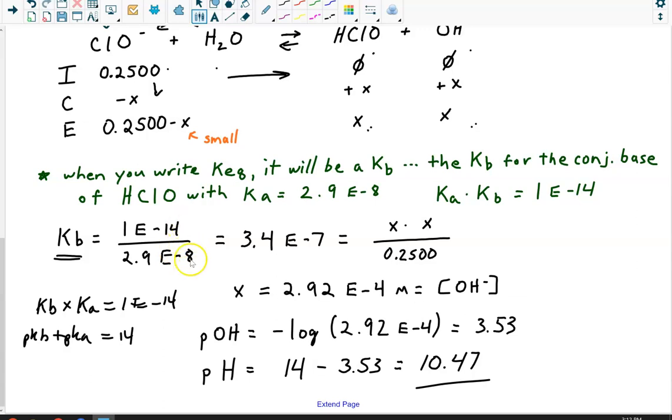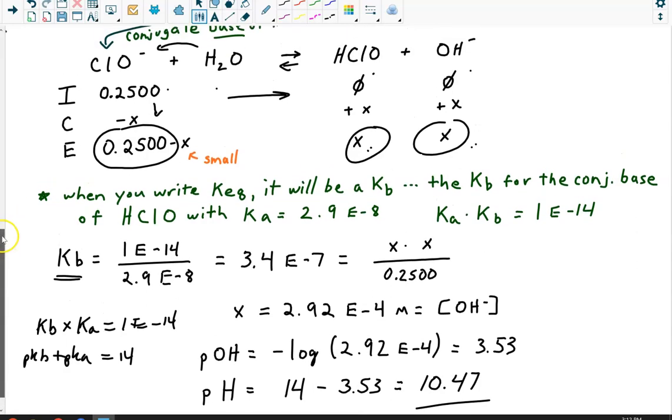So you do this, and that equals 3.4 times 10 to the negative 7th. And then that's going to equal this concentration times that concentration divided by this concentration, where you assume x is small. In the end, what's really going to matter is the concentration of OH minus, right? So if you solve this equation, you end up with x equal to 2.9 times 10 to the negative 4th.